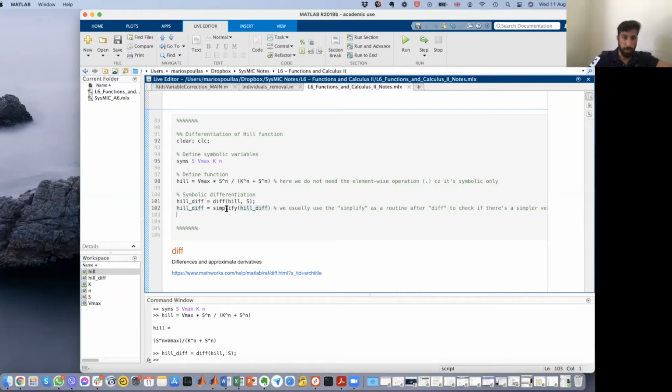I'm using the simplify function. I'm not mentioning it below because we've seen it in the previous lecture, and that's how it should look.